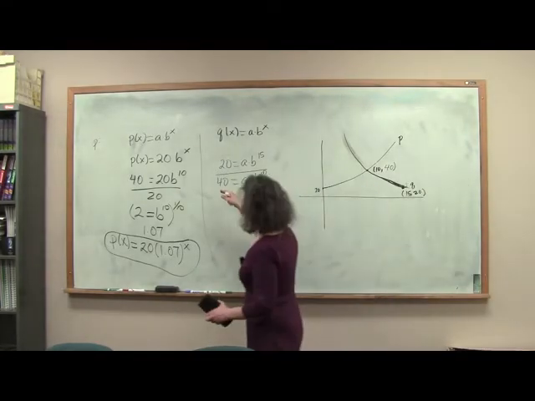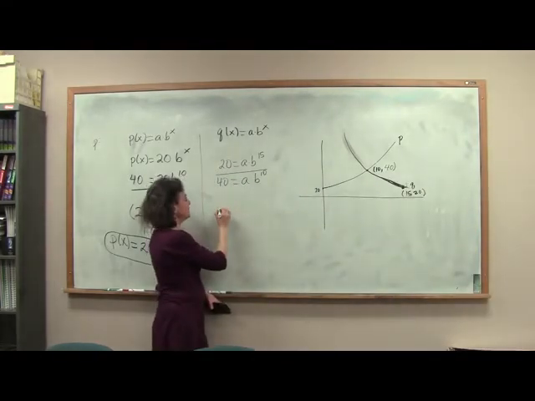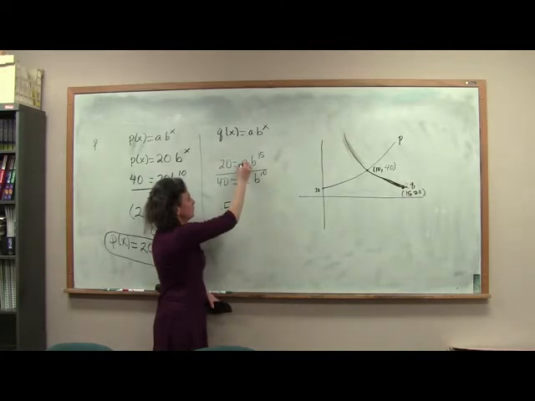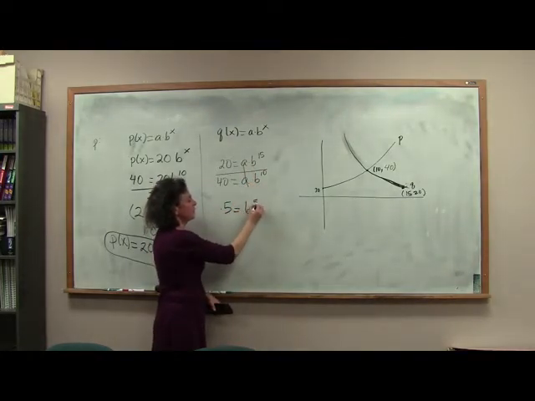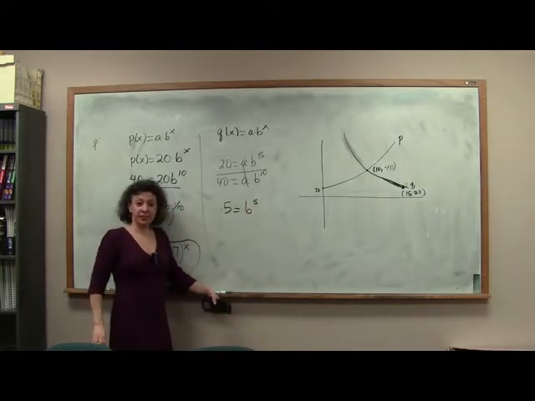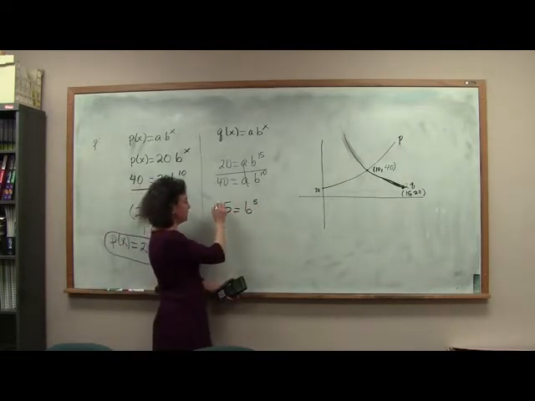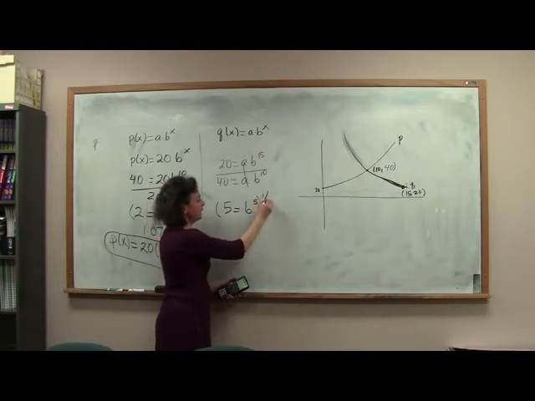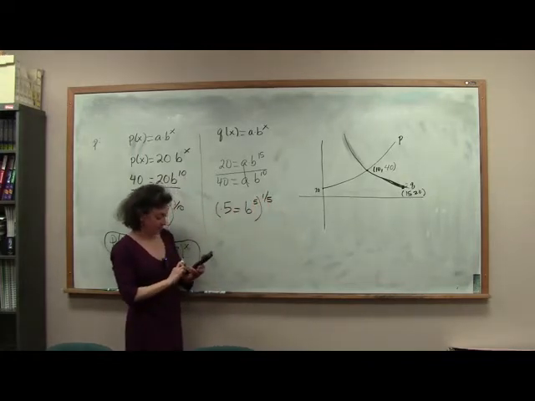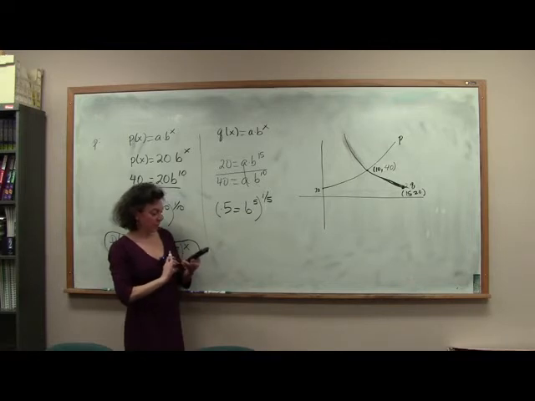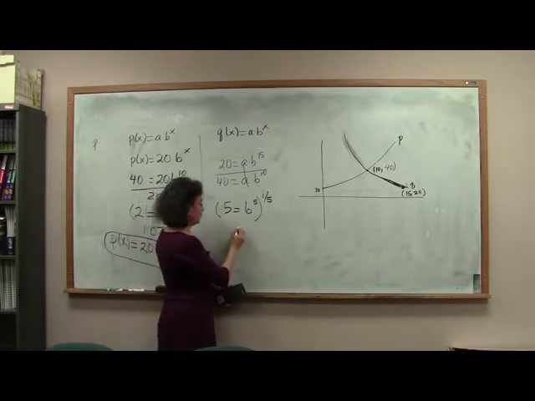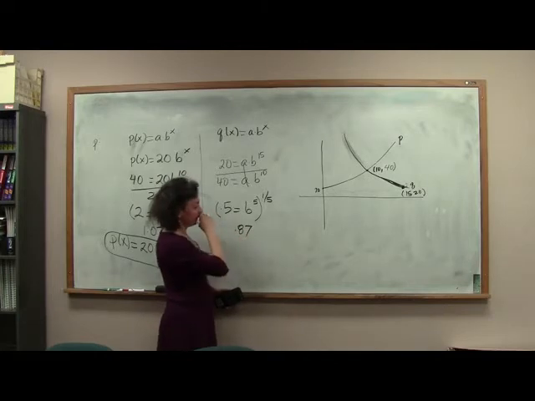Okay, 20 over 40 is 1/2. My a's cancel, and b to the 15th over b to the 10th is b to the 5th. So to get my value of b, I take the 5th root of both sides. So I take 1/2 raised to the 1/5 power, and I'm going to get 0.87.